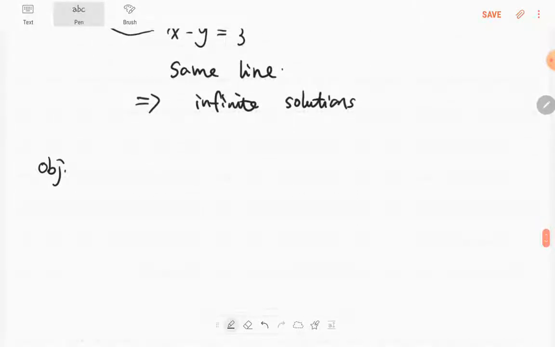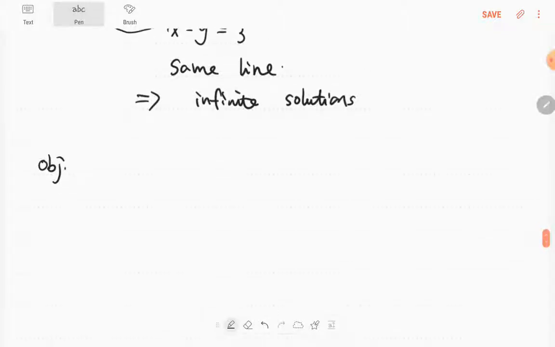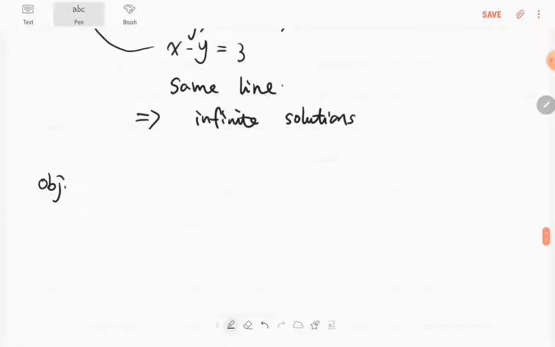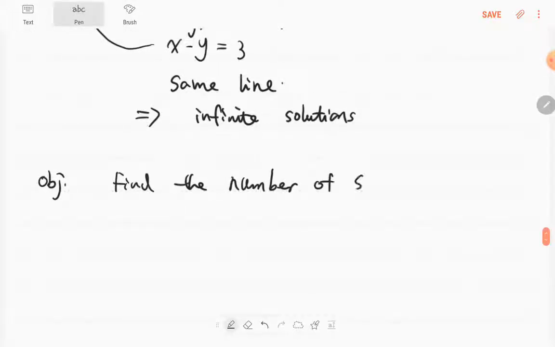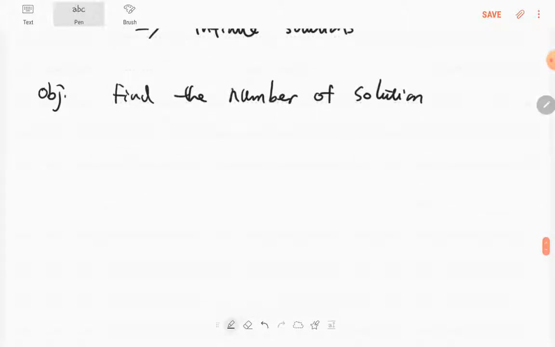So the last objective is to find the number of solutions. This time we do not find the exact solution for the system. We just want to determine if the system has one solution, zero solutions, or infinite solutions.